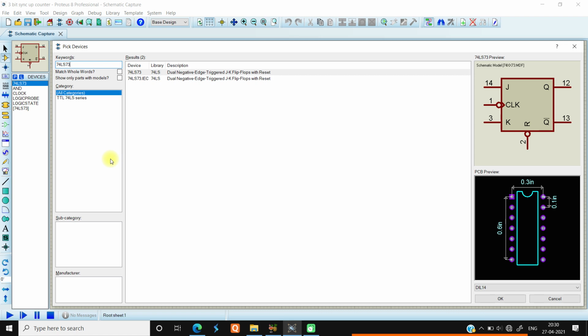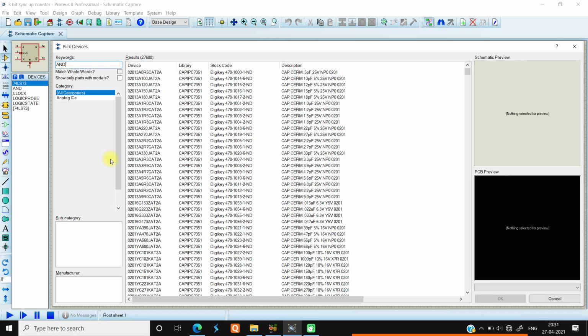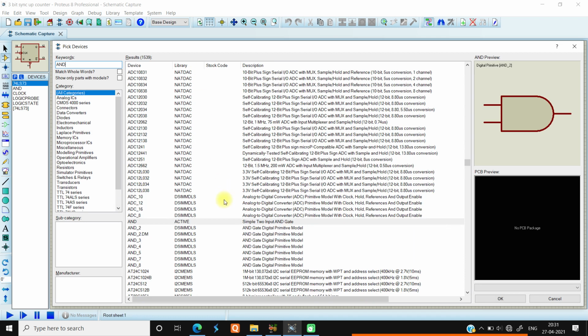Since in the circuit diagram given, we need to have an AND gate, we can have the AND gate by typing a generic AND gate in this Proteus software. You can select any of the AND gates, so we can choose this particular AND gate.